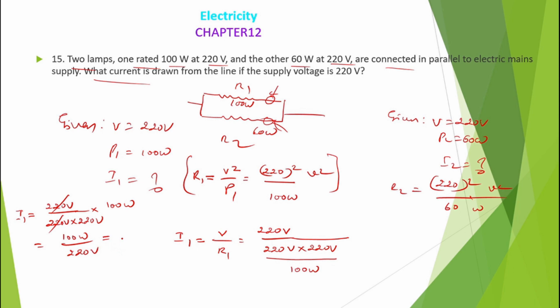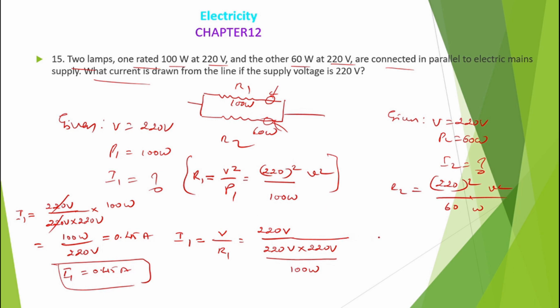If you simplify this, you will get 0.45 amp. That means I1 is equal to 0.45 amps. So this much of current is flowing through R1.